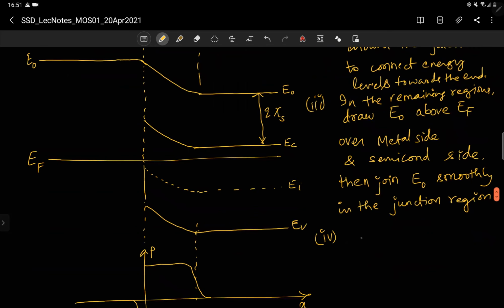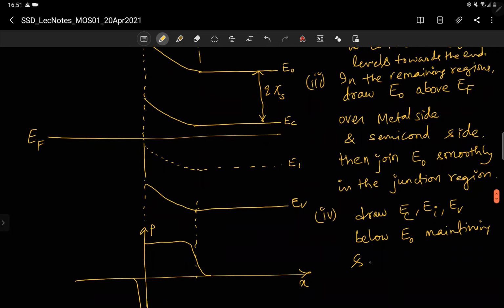Now the fourth point is, draw EC, EI, EF, sorry, EV below E0, maintaining the same q chi S for E0 minus EC all over.